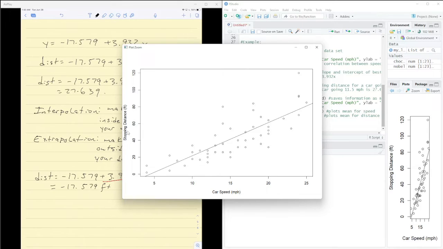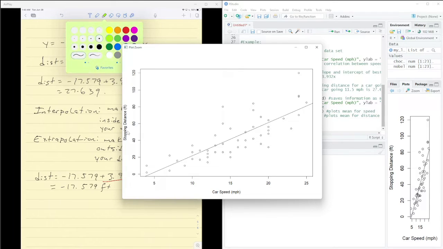This is saying if our speed was 0, then we need to go backwards 17.5 feet to be considered stopped. And that makes no sense whatsoever. So making predictions outside the range of your data gives answers that don't make sense and is not valid. So you want to stick with interpolation.